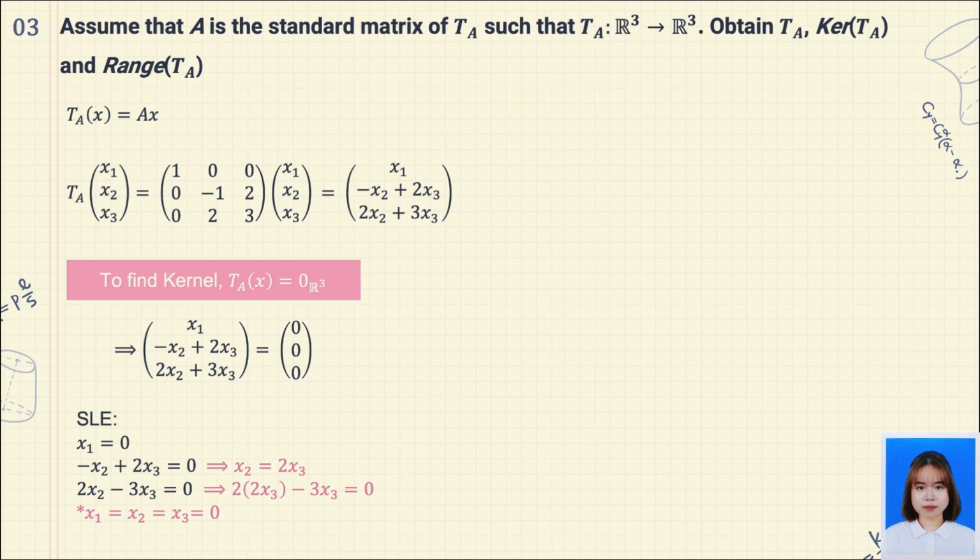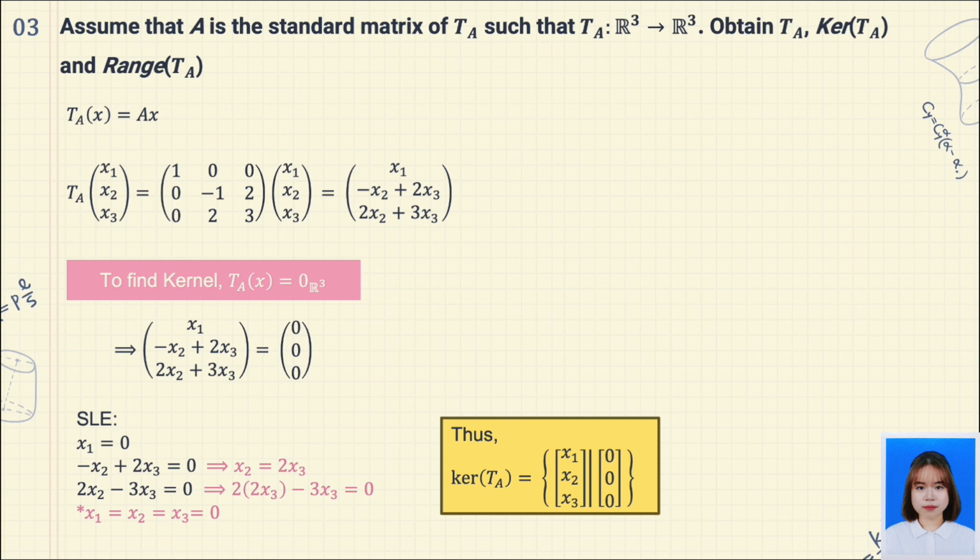From the second equation, we can get x2 equals 2x3. By substituting x2 equals 2x3 into the third equation, we can get that x3 equals 0. So the kernel of TA is equal to the zero vector.